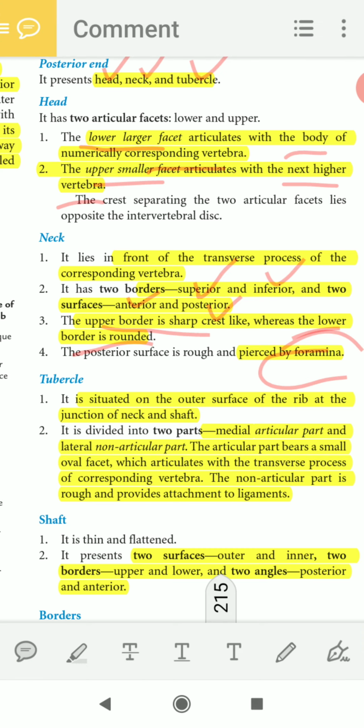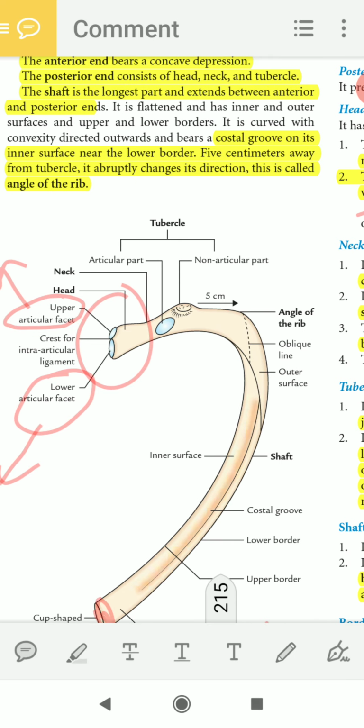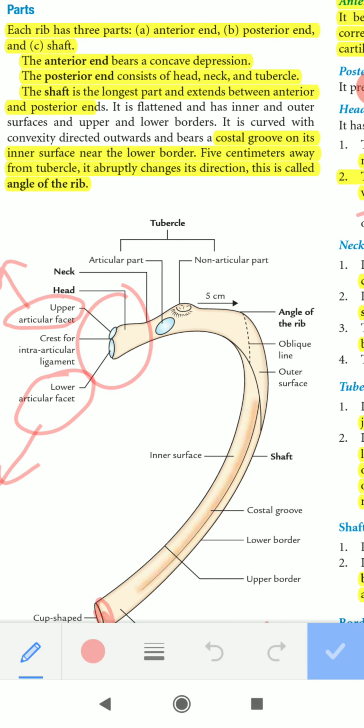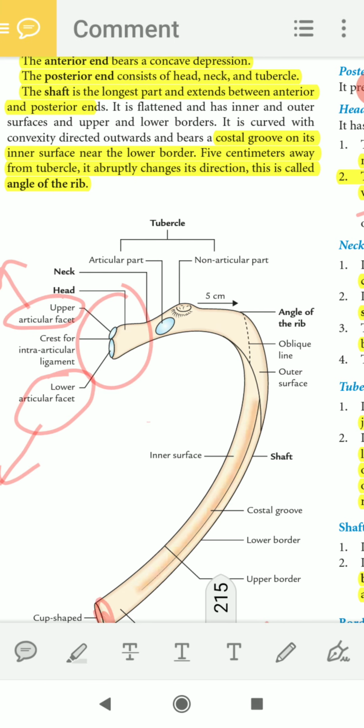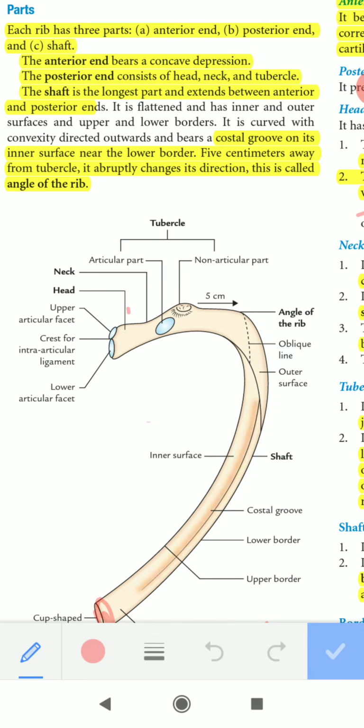Okay, so this is the neck. It has a sharp crest-like upper border, a lower border, and two surfaces, anterior surface and posterior surface. And in the posterior surface there are multiple foramina.